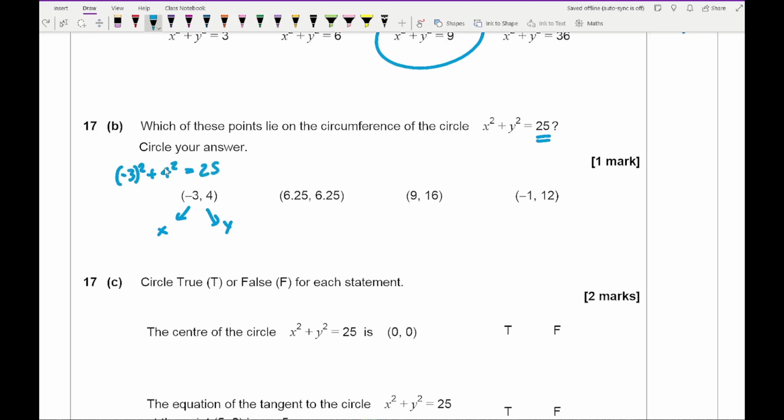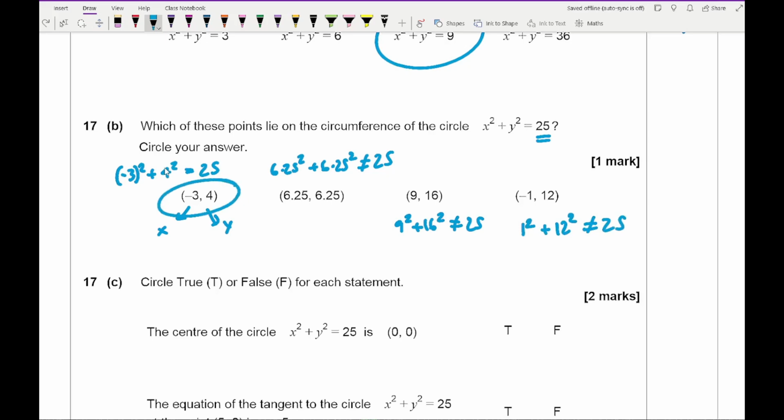With this one, I've got 6.25 squared plus 6.25 squared, which is not equal to 25. 9 squared plus 16 squared, again, is not equal to 25. And 1 squared plus 12 squared, again, is not 25. So the correct answer is minus 3, 4.